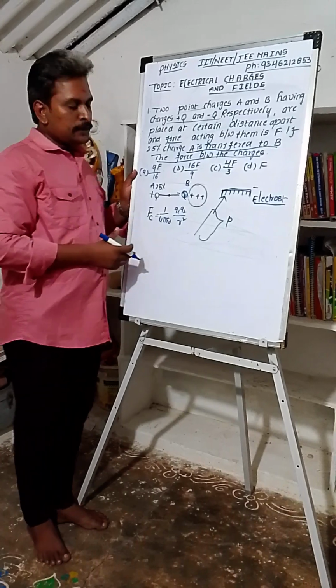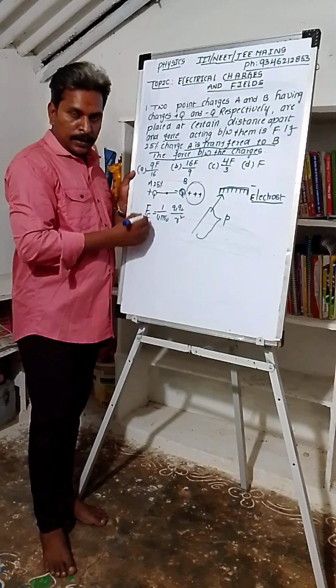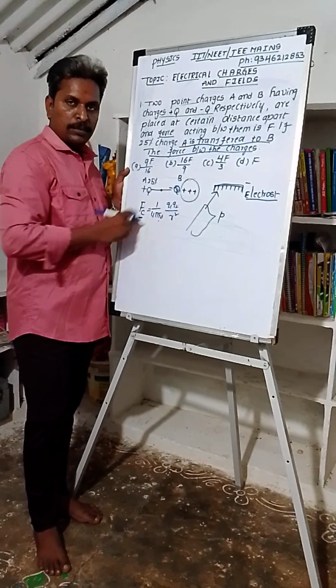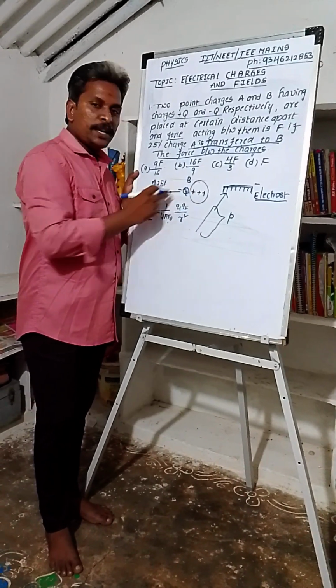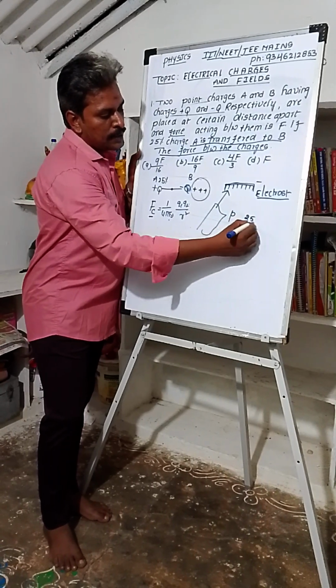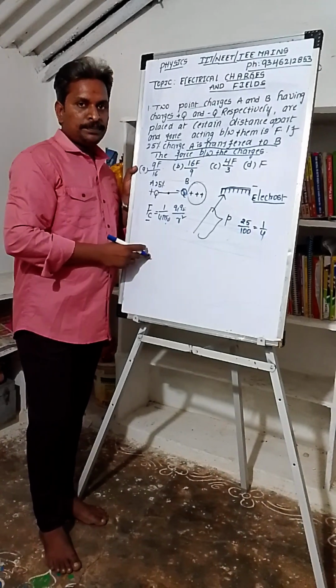Now we are solving the total effect of the force. Now if I am using Coulomb force is equal to 1 by 4 pi epsilon naught q1 q2 by r square. Now how much charge is transferred from A to B? 25%. So 25% is equal to 25 by 100, which is equal to 1 by 4.